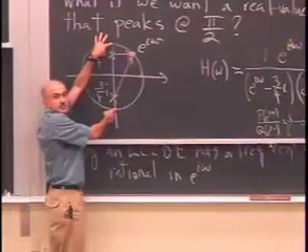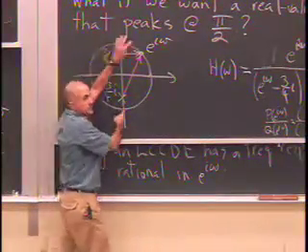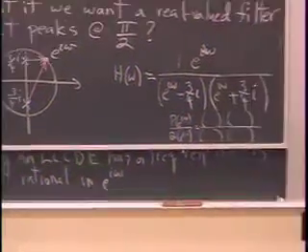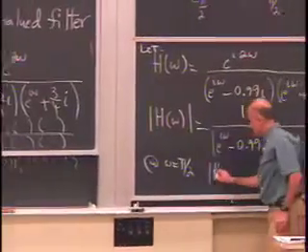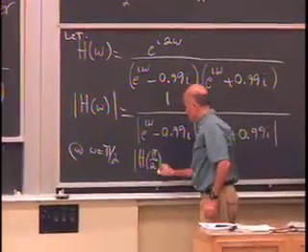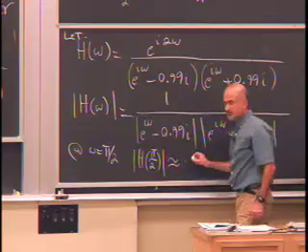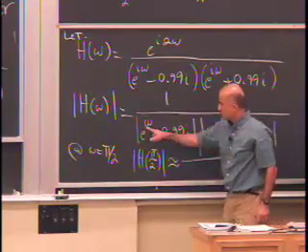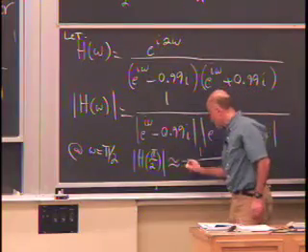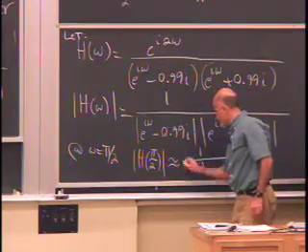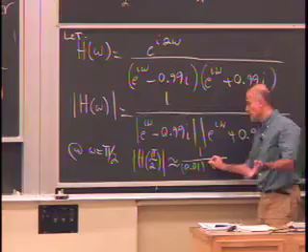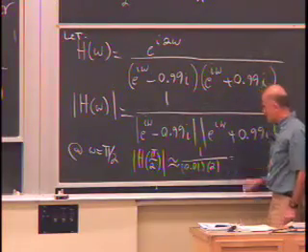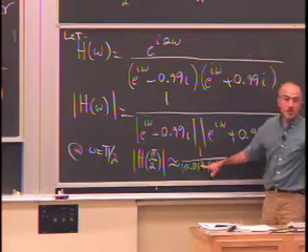At omega equals pi over 2, the magnitude is approximately 1 in the numerator divided by 0.01 times about 2. It's just under 2, but about 2. So this 0.01 is going to dominate.